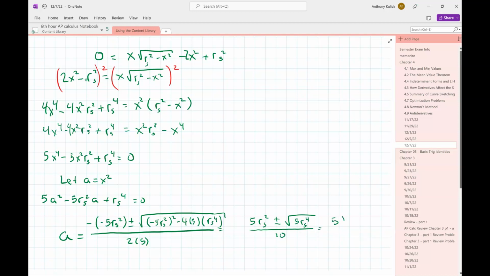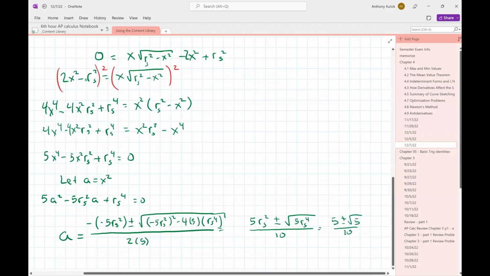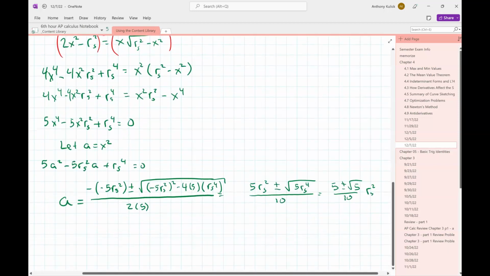Or I can just factor out the r squared. Everybody's okay with that? But we're not done, right?